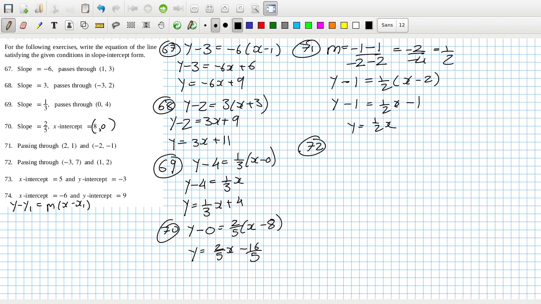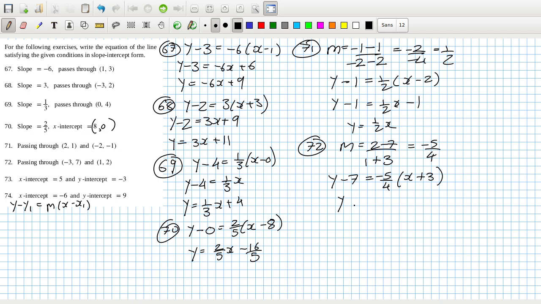72. M equals 2 minus 7 over 1 minus minus 3. Minus 5 over 4. So that's y minus y1 equals m times x minus x1.